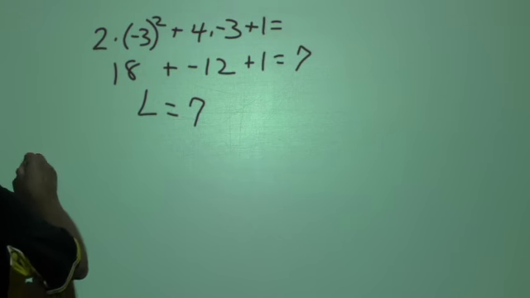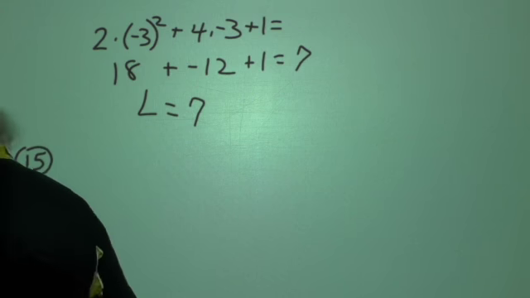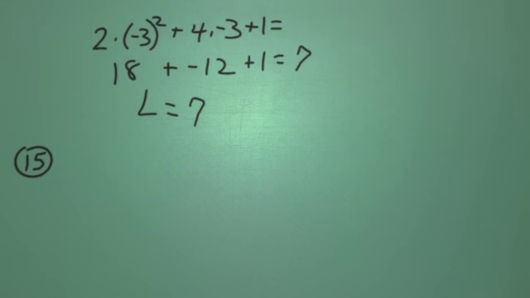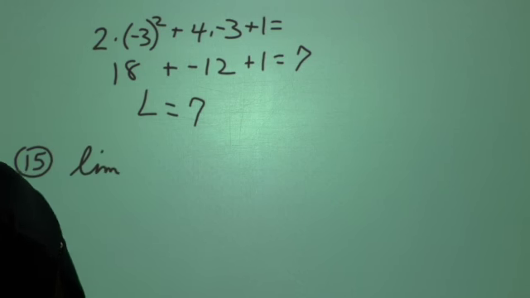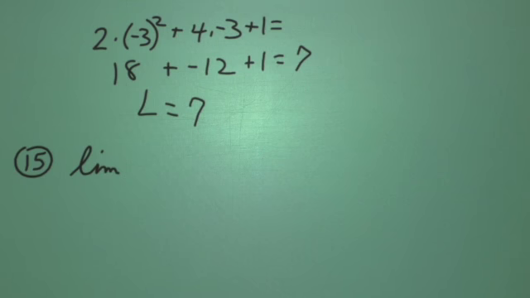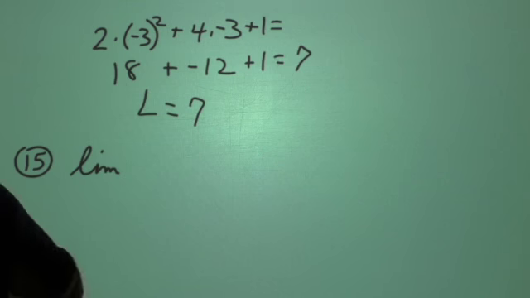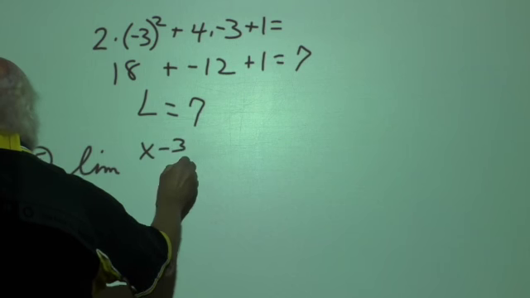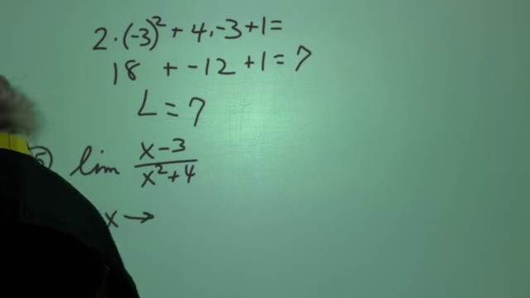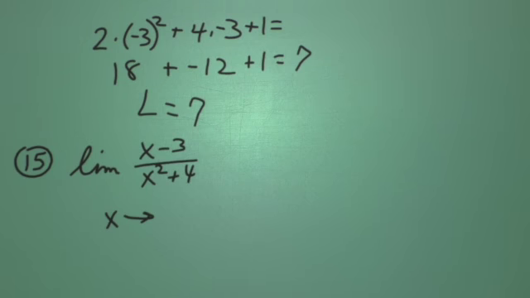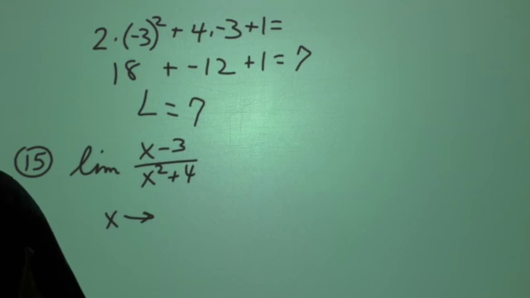For number 15, we have the limit of x minus 3 over x squared plus 4 as x approaches 1.